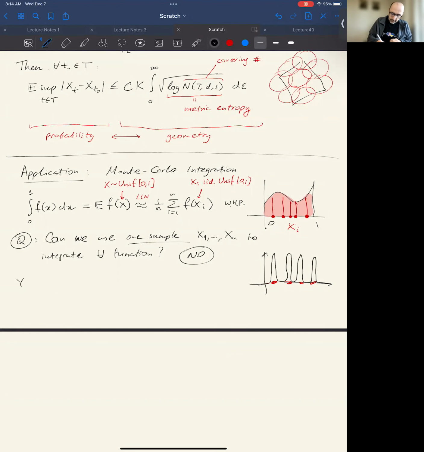Okay. And today we're proving that you can do this. Actually, it is possible if the function does not fluctuate, if it is not a crazy function that goes up and down. So it's yes for Lipschitz functions.